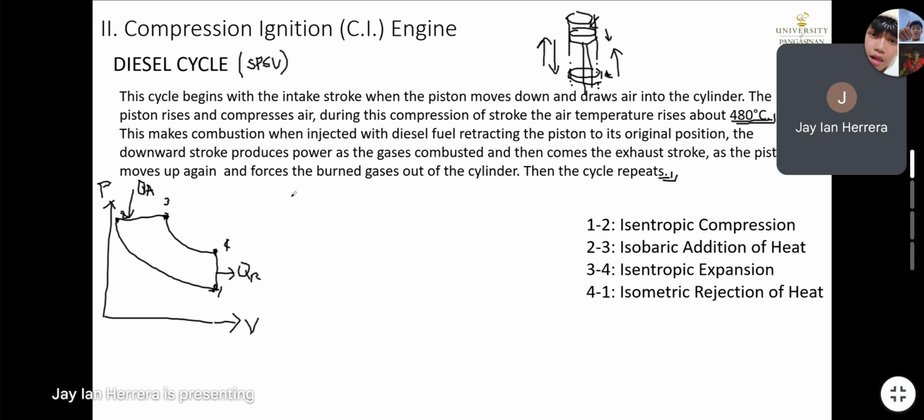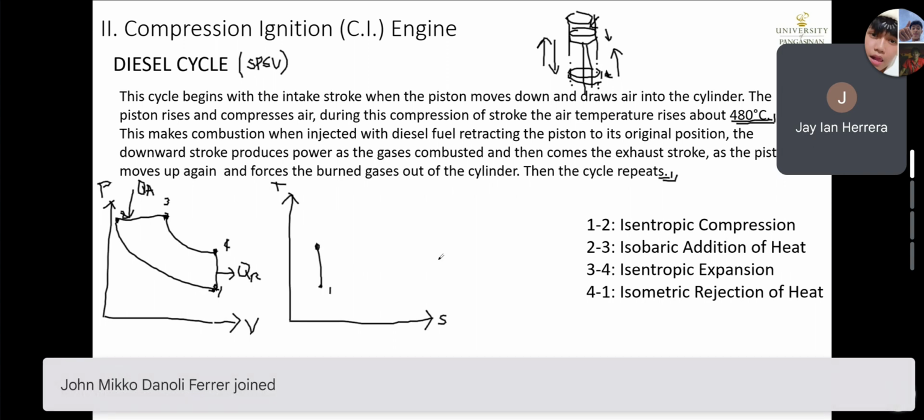And then, drawing natin yung TS diagram naman. Sa ating TS diagram, this is just the same as the TS diagram ni Otto. So, it goes like this. This is our point 1.